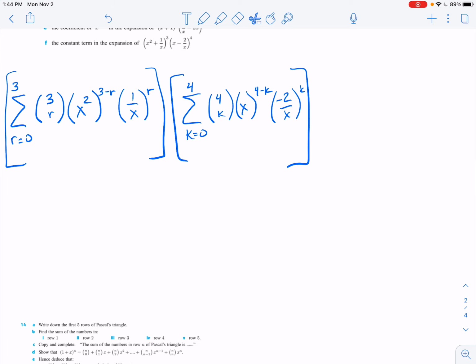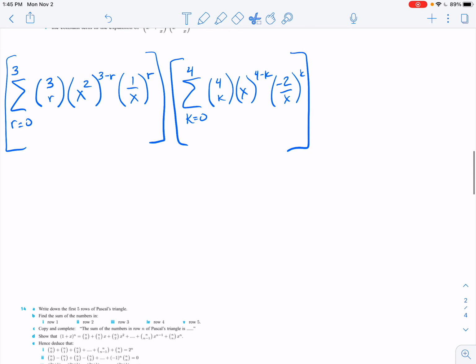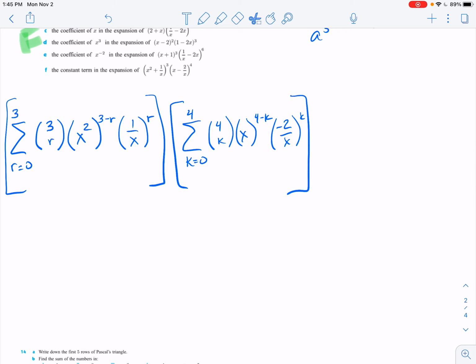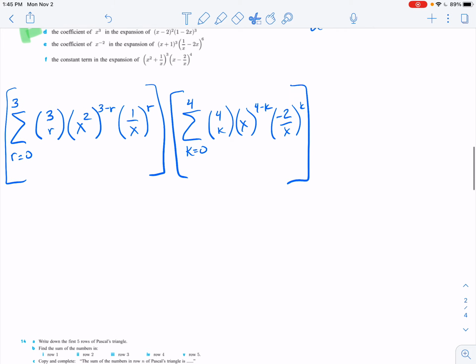Okay, so let's see. We're going to end up with, find the constant term. Okay, well, here's my hesitation. If I expand the first one, the very first term in this part right here is going to be x to the 6th.